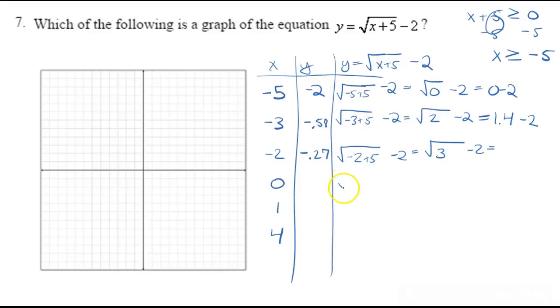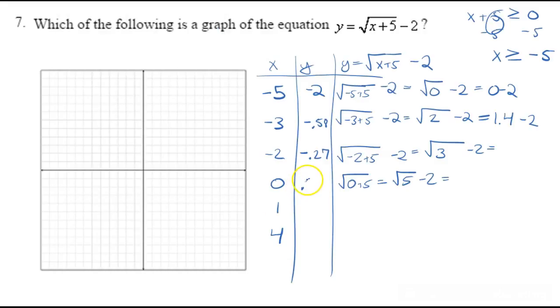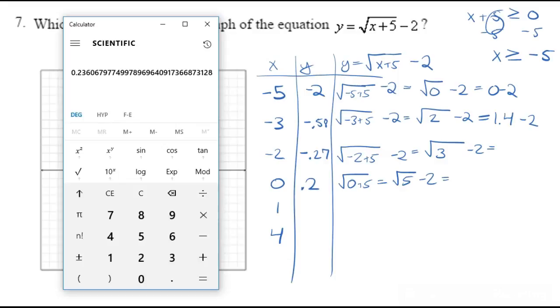Alright, for 0, let's substitute 0 in. So now we have the square root of 5 minus 2. Again, let's approximate: the square root of 5 minus 2. Oh, we're starting to get into our positive numbers here. So 0.24.